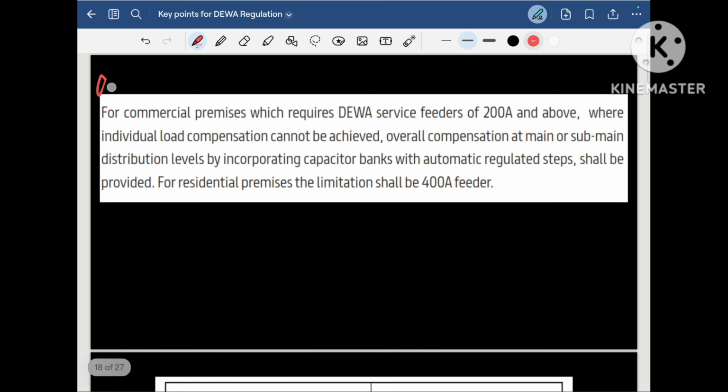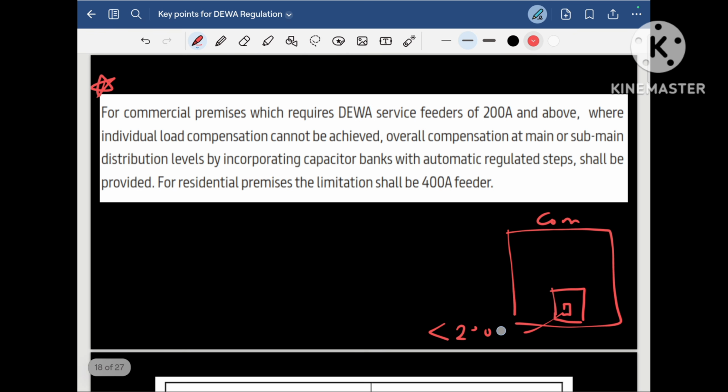Now let us move to another very important point mentioned in the DEWA regulation, which is frequently asked in the DEWA examination also. As per this point, suppose I have one commercial project and it has one MDB, main distribution board, with a breaker rating greater than or equal to 200 ampere.